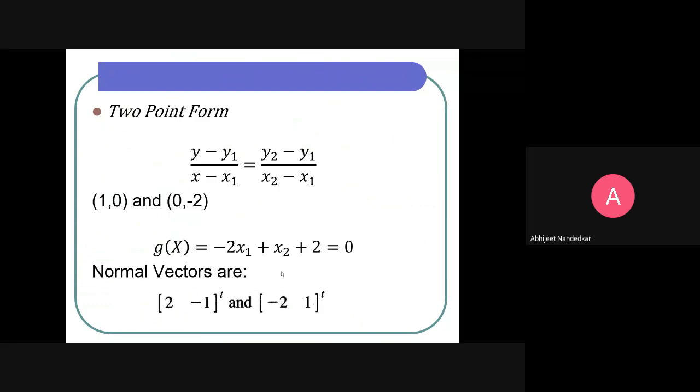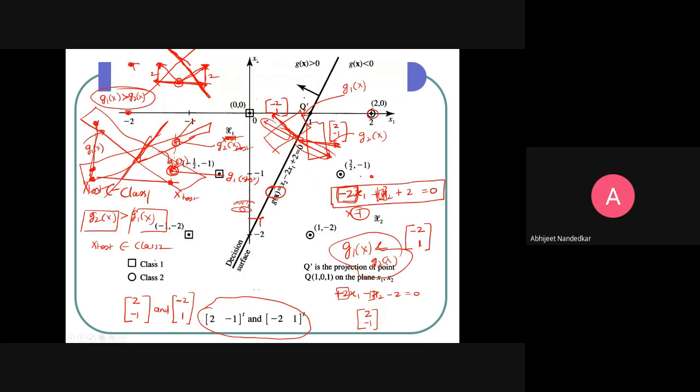Now to do that, we need to know these basic equations called the two-point form. So two-point form is used to find out the line equation, which you can note down. So this line I can draw as per my wish.